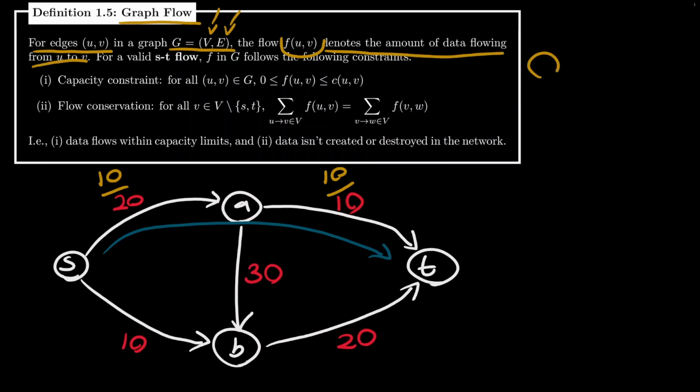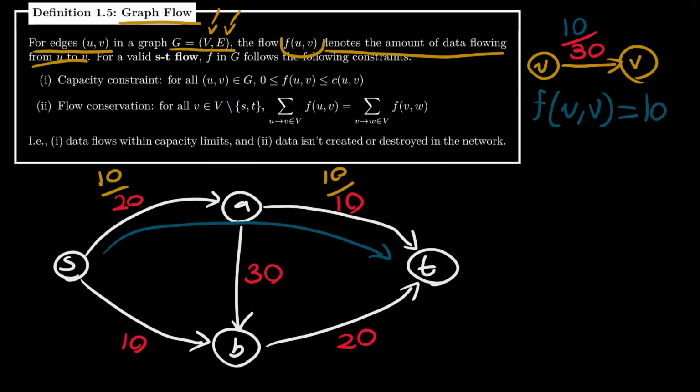So again, if we have u here and v here, and we had the capacity 30, then the flow is the amount of data going through it. Let's say 10 units were flowing through this. Then our function f(u, v) is going to be equal to 10. This is just denoting how much data is flowing through an edge.